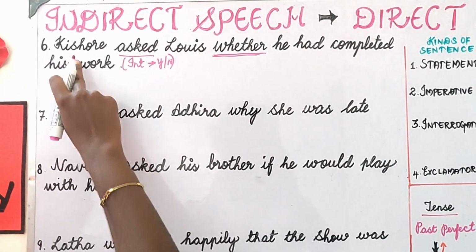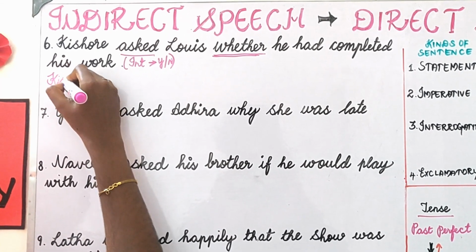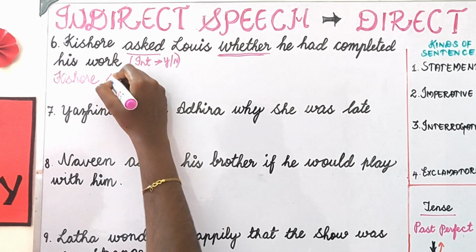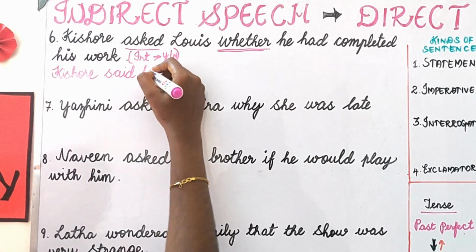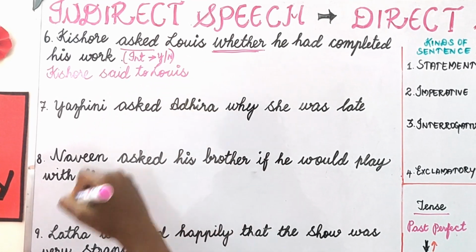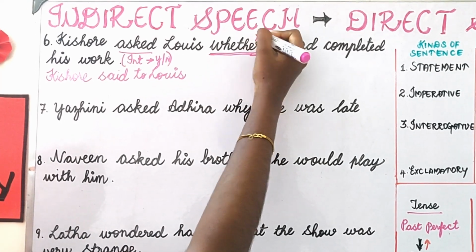Okay. So let me change the sentence. Kishore. So instead of asked, what you have to add? Said. And there is an object, Louis. So said to Louis. Kishore said to Louis. So whether is there. We will be omitting that whether.